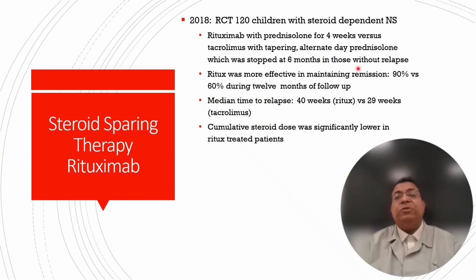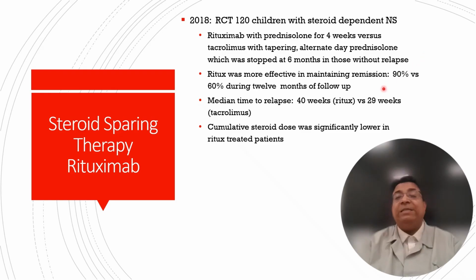There's a randomized controlled trial of 120 children with steroid-dependent nephrotic syndrome from 2018. Rituximab with prednisolone for 4 weeks was studied versus tacrolimus with tapering alternate day prednisolone, which was stopped at 6 months in those without relapse.